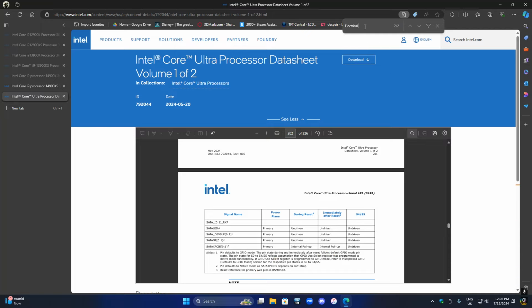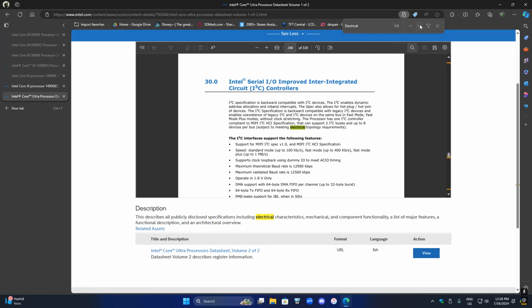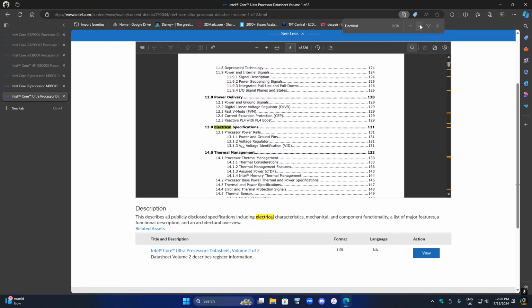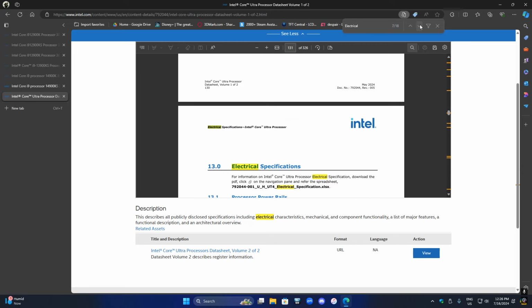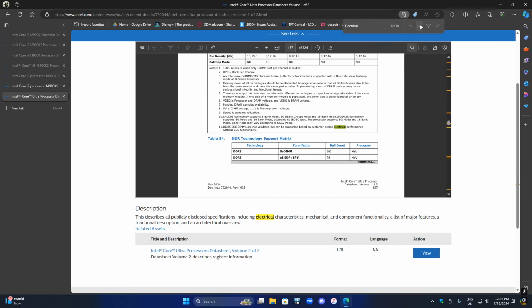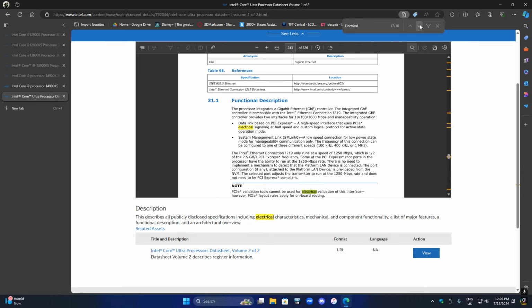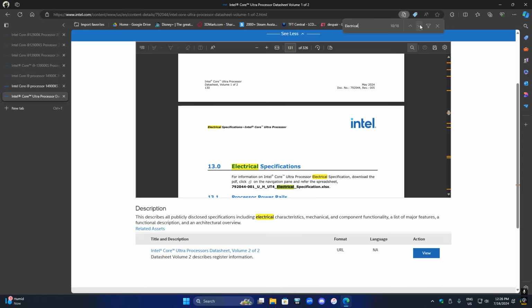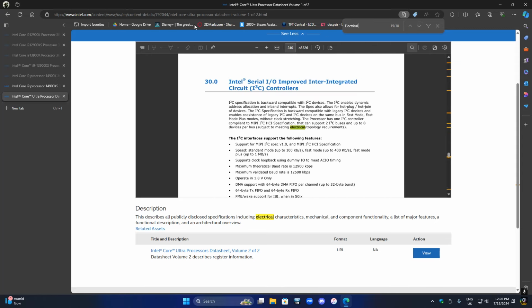Let's see. I'm just curious what Core Ultra looks like. I couldn't find it earlier on, but yeah, I can't find it.